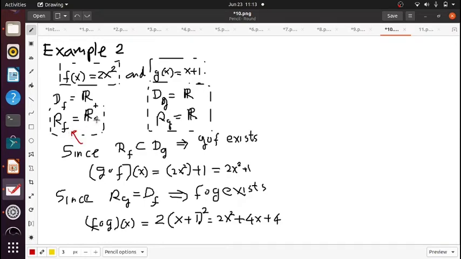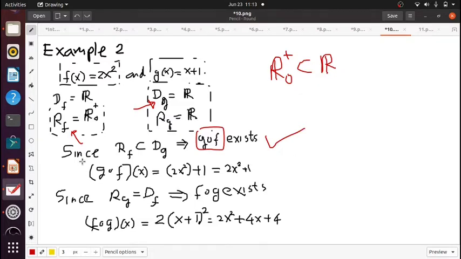R of f will be R0 plus. And the domain of g is the set of real numbers. So definitely R0 plus is a subset of the set of real numbers. So g by f will exist.